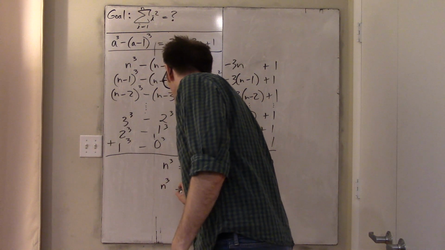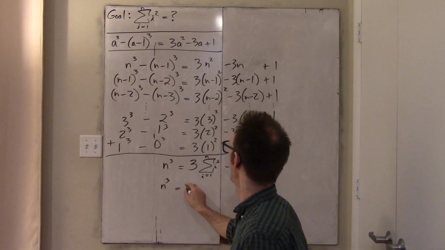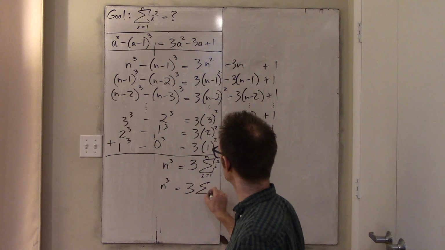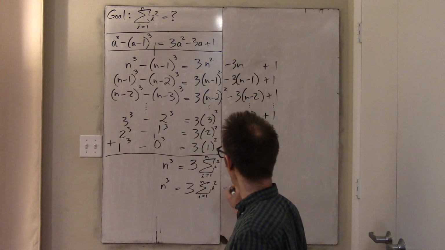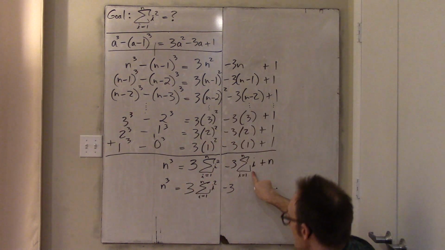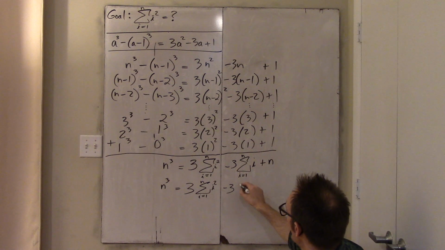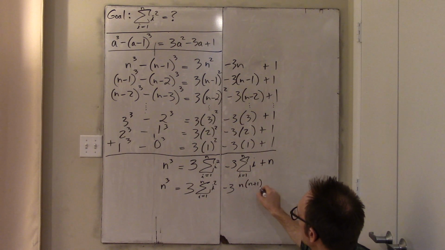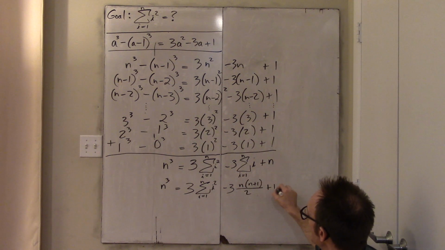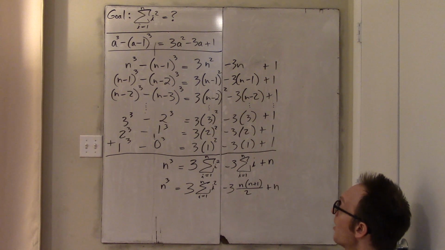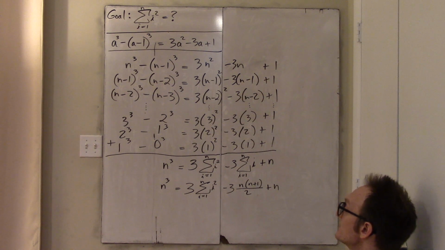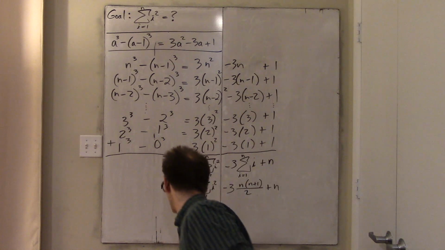I have n cubed equals 3 times the sum from i equals 1 to n of i squared minus 3 times what happens when you add 1 plus 2 plus 3 plus 4 all the way up to n. That's the formula that we already know. It's n times n plus 1 over 2. And then plus n. So, by doing some algebra now, what do I find?